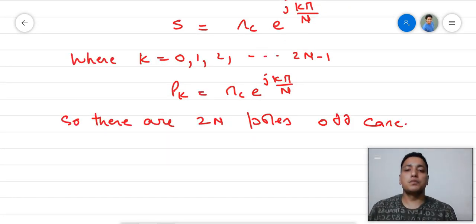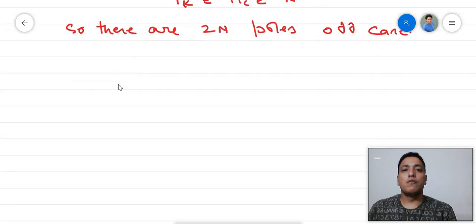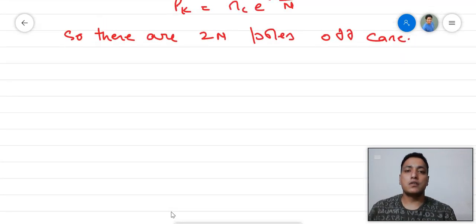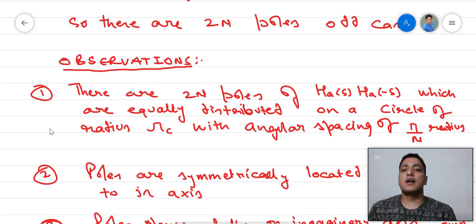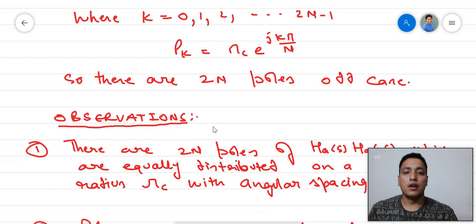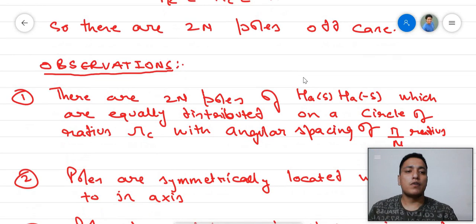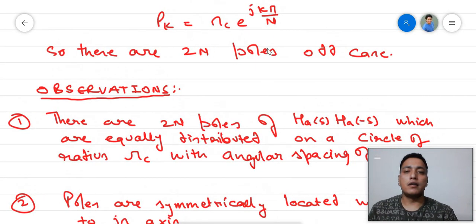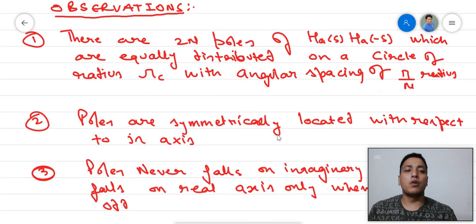Now from these poles, we'll provide some observations over a Butterworth filter. So the observations are, first, there are 2n poles which we have already seen for HA(s) multiplied with HA(minus s), which are equally distributed on a circle of radius omega c with an angular spacing of pi by n. Now poles are symmetrically located with respect to j omega axis.